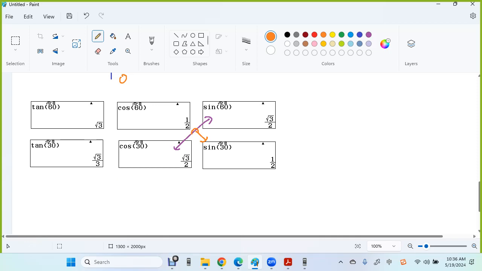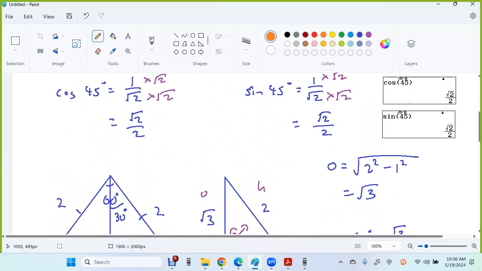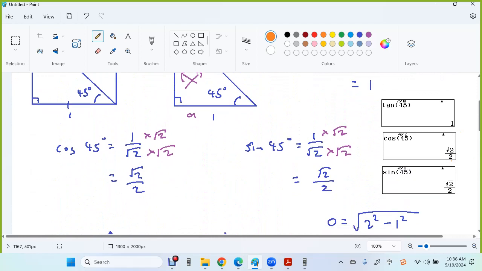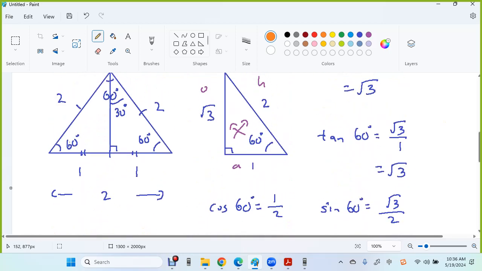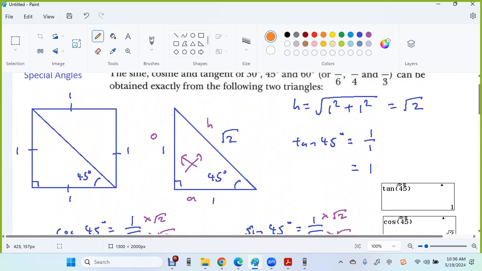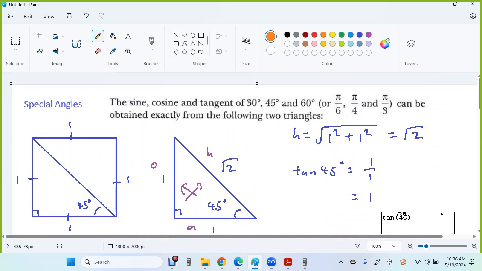And tangent 45 is 1, sine and cos 45 are square root 2 over 2. Okay, so these are the values that we need to memorize. Or I don't memorize. In the exam, I will draw the triangle, then I find the value, in case we cannot use a calculator.